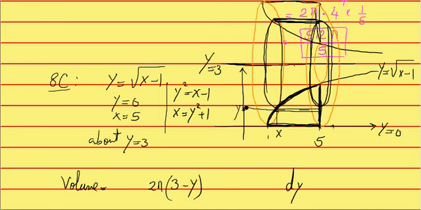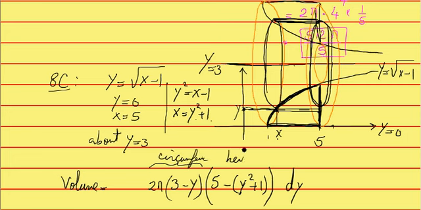So at this y, the height x is y squared plus 1. I don't want that. I want the distance from 5 to this point. So that's going to be 5 minus x, and instead of x I'll write y squared plus 1. So this became height, this became the circumference, this is the height, and this is the thickness.